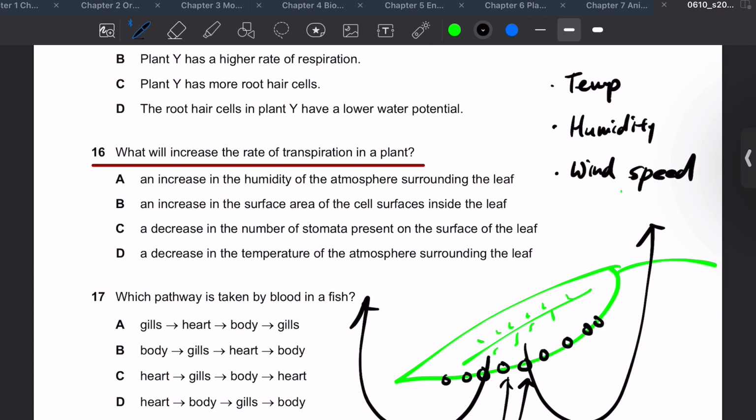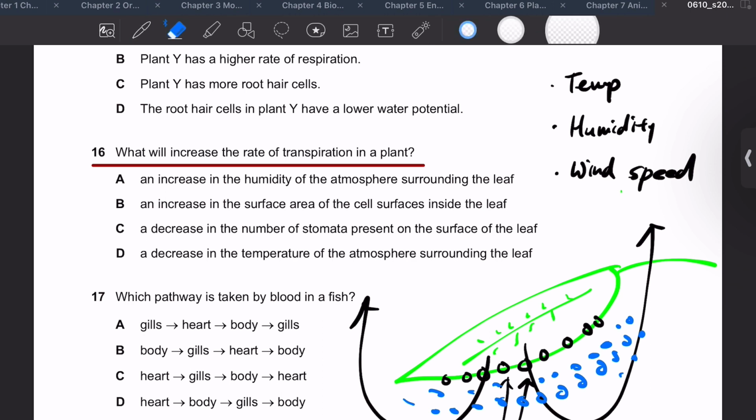For humidity, if there's an increase in humidity, then there are a lot of water vapors outside. So since water vapors are gases, now relatively the water vapor inside the leaf is less than the outside.